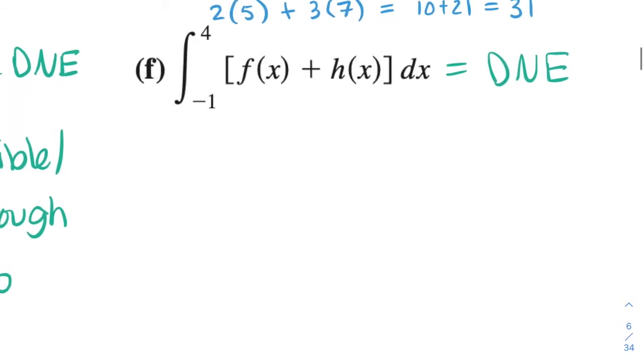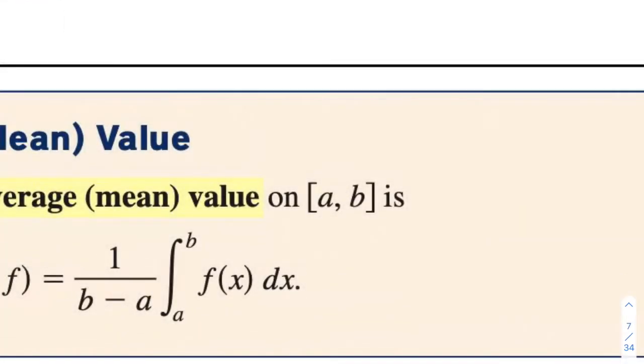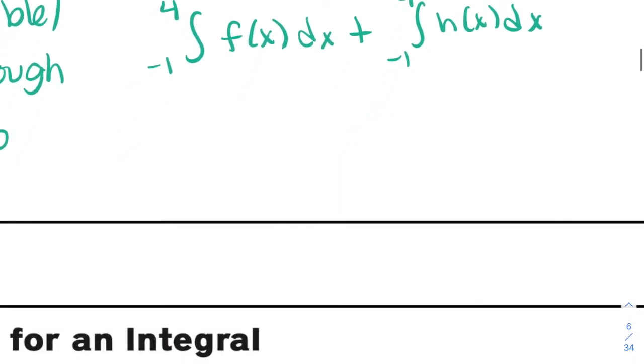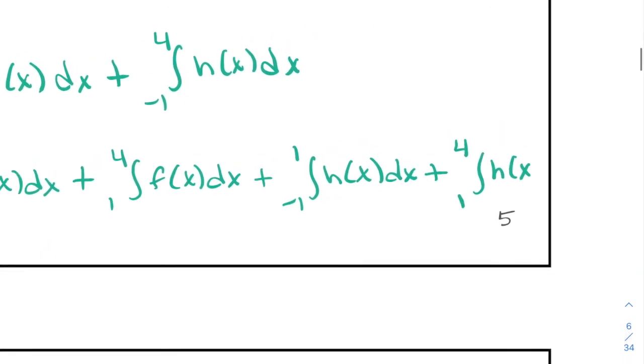But here's what we're going to have to do to show our work. We're going to say the integral from negative 1 to 4 of f(x) dx plus the integral from negative 1 to 4 of h(x) dx, which broken down will be the integral from negative 1 to 1 of f(x) dx plus the integral from 1 to 4 of f(x) dx plus the integral from negative 1 to 1 of h(x) dx plus the integral from 1 to 4 of h(x) dx.